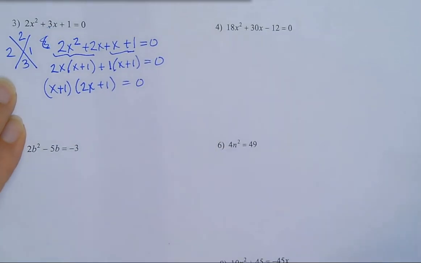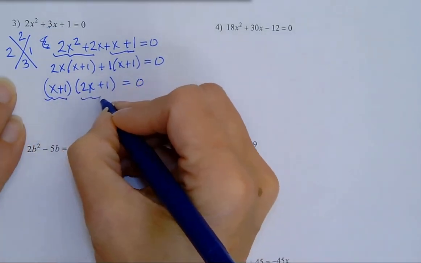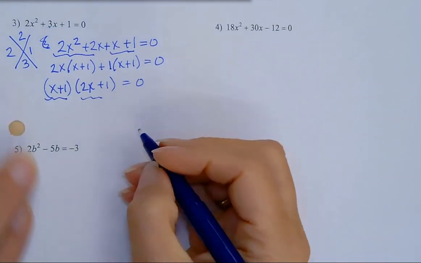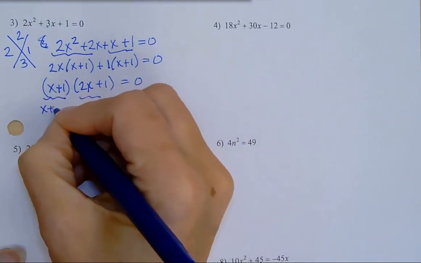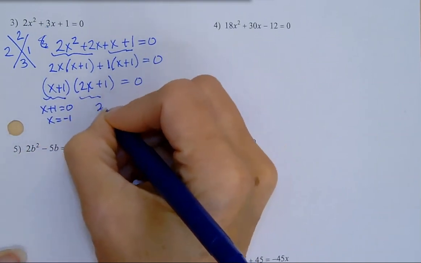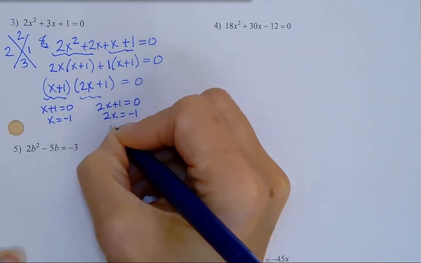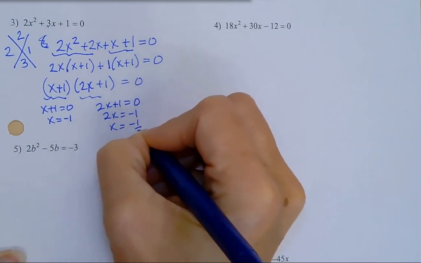Okay, now I have my two factors. So either x plus 1 equals 0, or 2x plus 1 equals 0. So x plus 1 equals 0 means x equals negative 1, and 2x plus 1 equals 0, so 2x equals negative 1, and x equals negative 1/2.